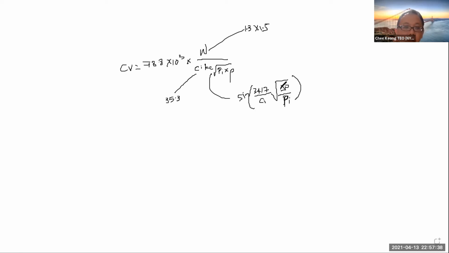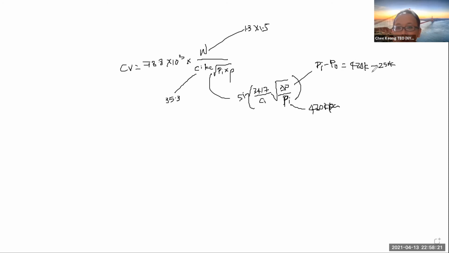Now P input we already know from the question is 420 kilopascal. Now what is delta P? Delta P is PI minus PO, right? So PI minus PO is 420 kilopascal minus 250 kilopascal.